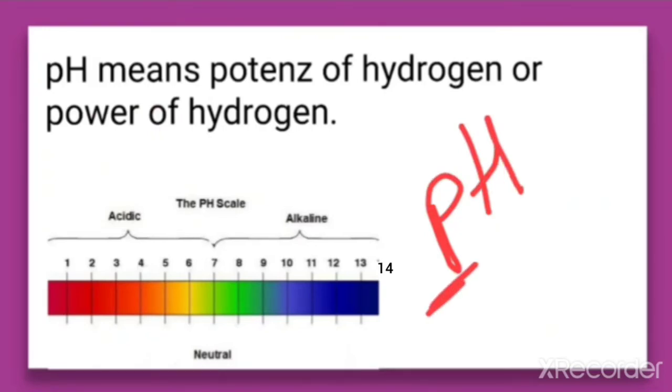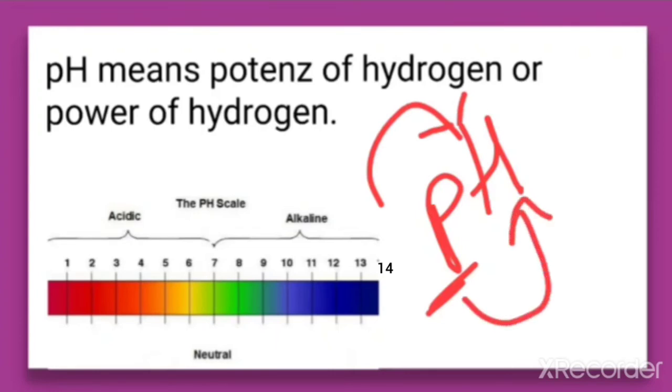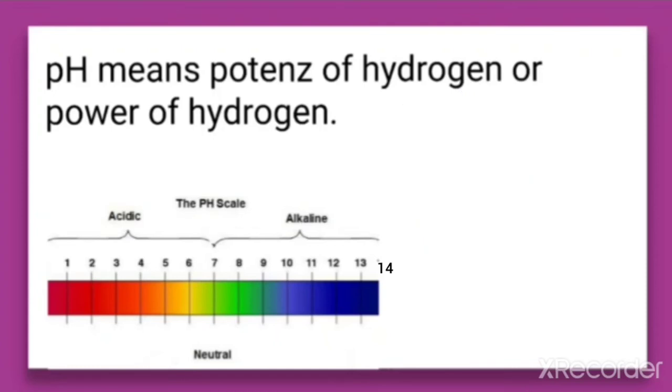P represents potence of hydrogen, or we can also say power of hydrogen. So depending upon the concentration of hydrogen ion in the solution, that gives the pH for that solution.